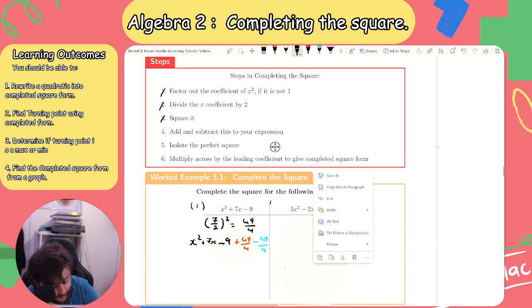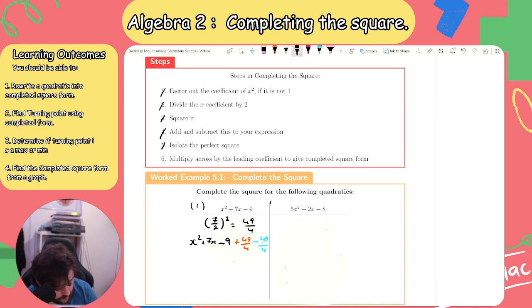Step 5, isolate the perfect square. I'm going to bring this plus 49 over 4 over to the x squared and the 7x here. So x squared plus 7x plus 49 over 4, minus 9 minus 49 over 4. The first part can be written as a perfect square: it's going to be x plus 7 over 2, all squared.